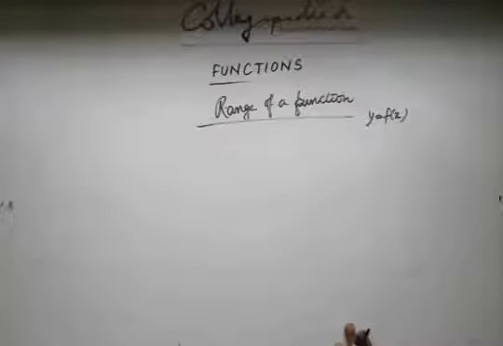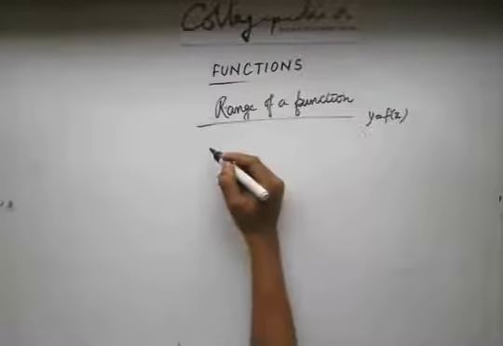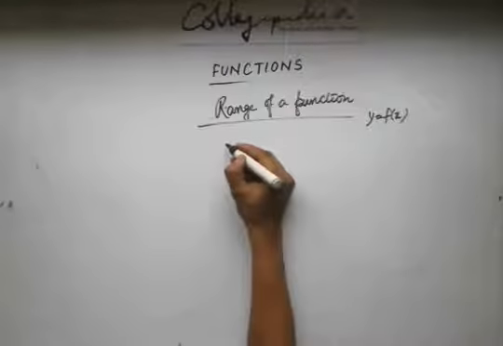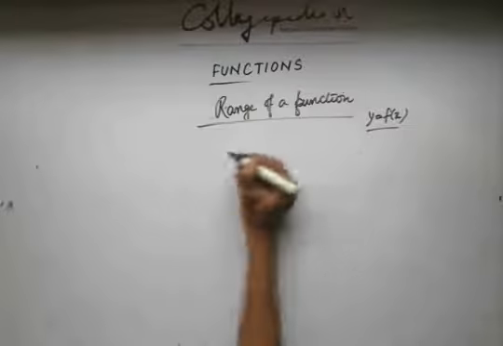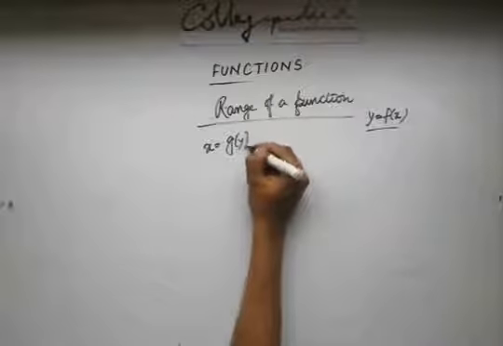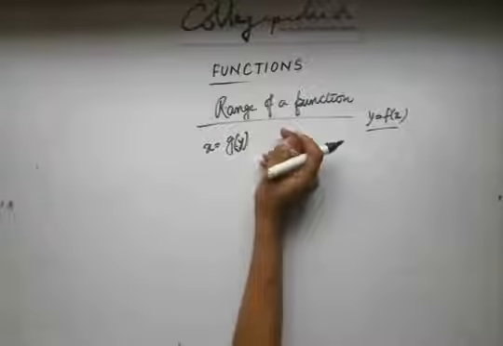That is how range of a function is defined. Now to find range of a function, there is no hard and fast rule as such. What strategy we follow generally, not always, is that if I am given y in terms of x, I first write x in terms of y. Let's say I write this, and then we find out what all values y can take to find the range.